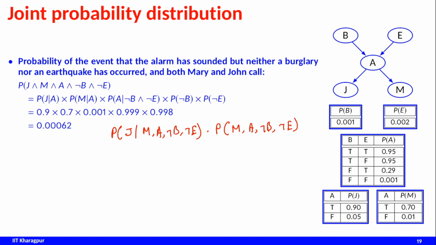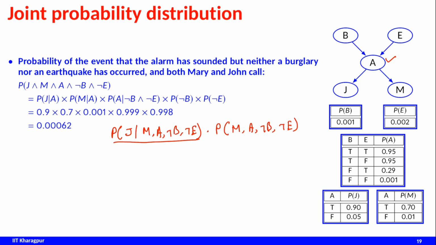Now if you look into this part, here it is given that the alarm goes off, or I know the status of the alarm.